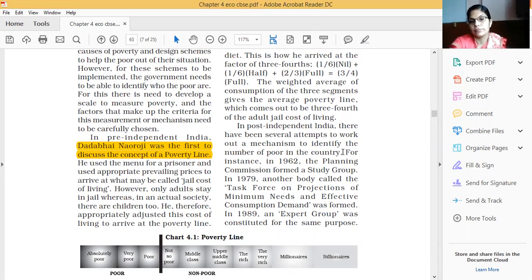Who formed the Planning Commission? In 1979, another body called the Task Force on Projections of Minimum Need and Effective Consumption Demand was formed. In 1989, an expert group was constituted for the same purpose.